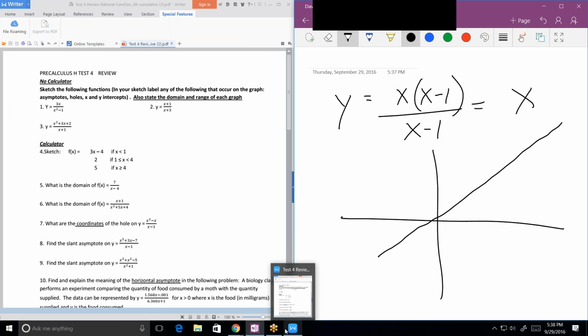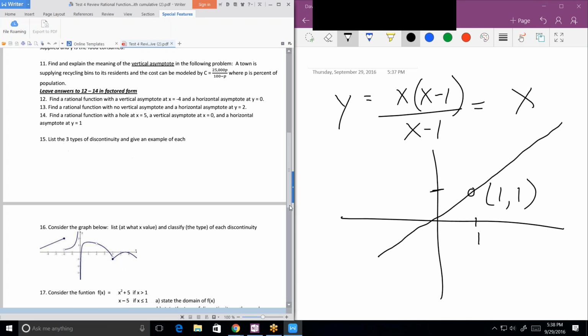You said there's a hole at +1, so the hole is right there. What are the coordinates of that hole? 1, 1. Yeah, 1, 1, which means y can never be 1 and x can never be 1.